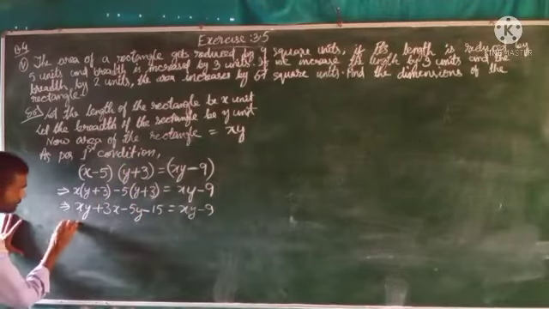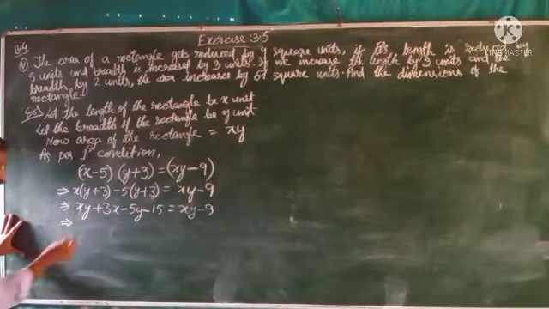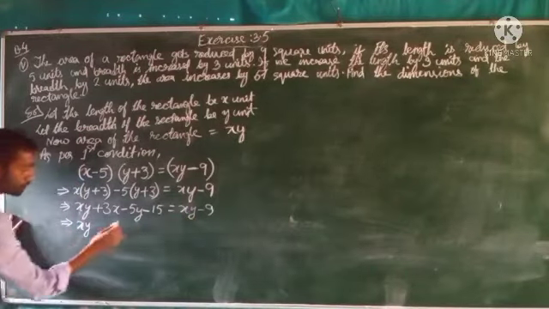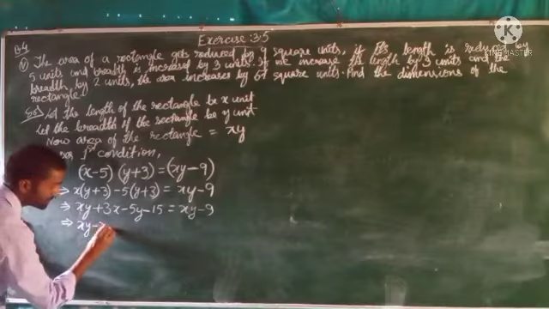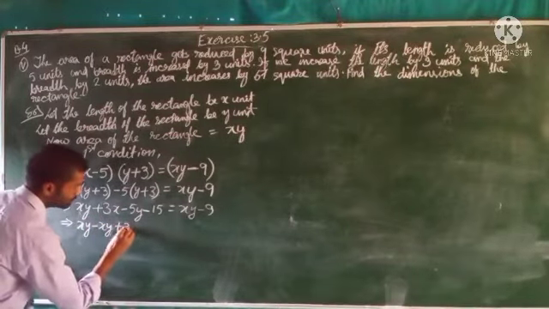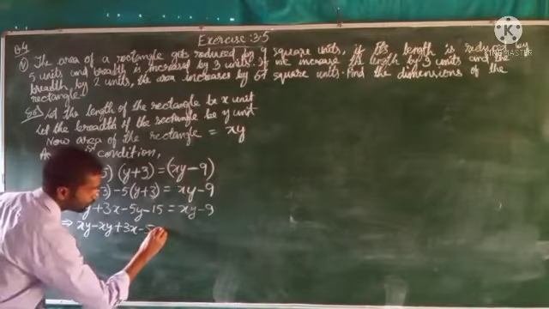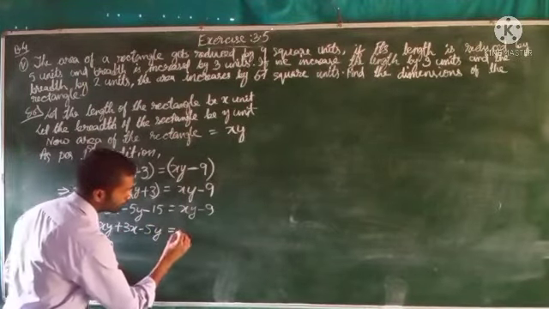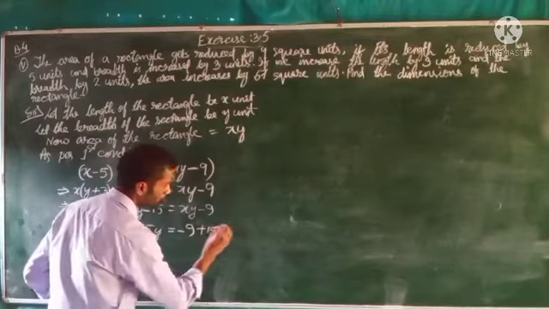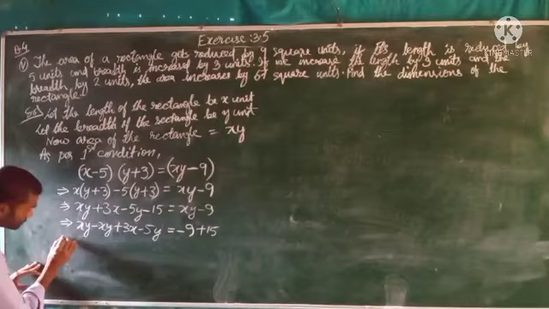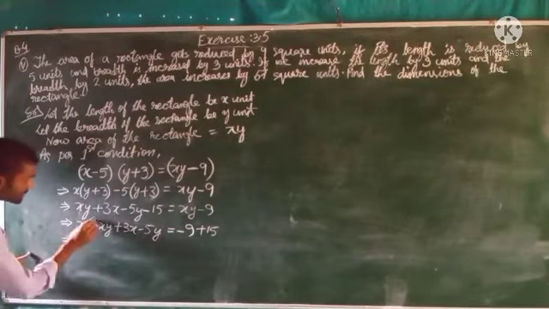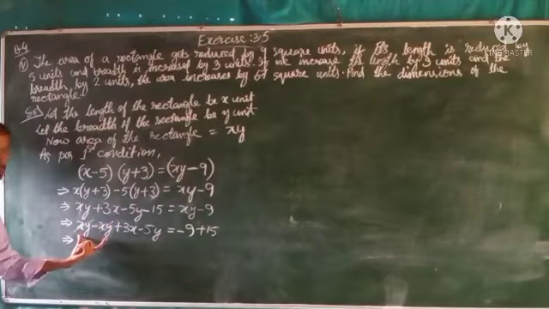Now we'll bring the like terms together. So xy, when we are transferring this xy on the left hand side, it will change into minus xy. Now plus 3x minus 5y is equal to minus 9. Minus 15, when we are transferring, it will change into plus 15. Now plus xy and minus xy, we can just cancel it because we are going to get here 0.